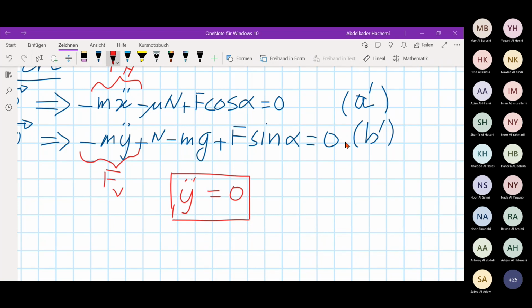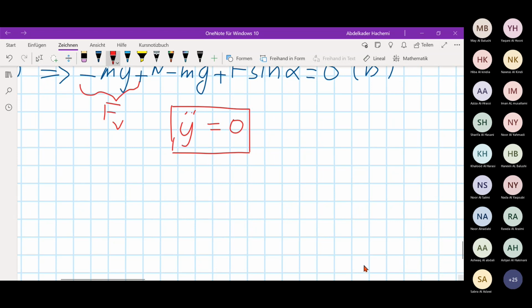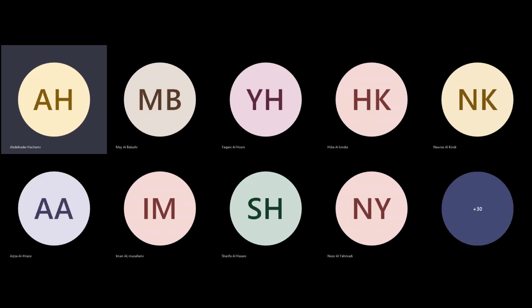The third one is only to describe the kinematic relation. For this case, I return back to the graphical presentation.